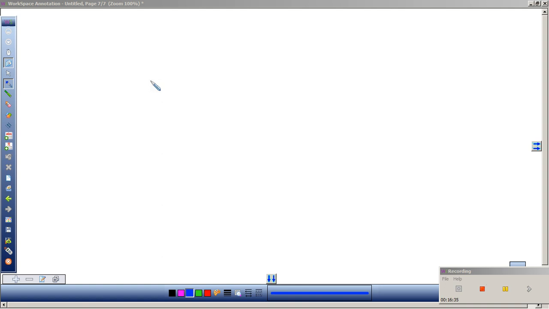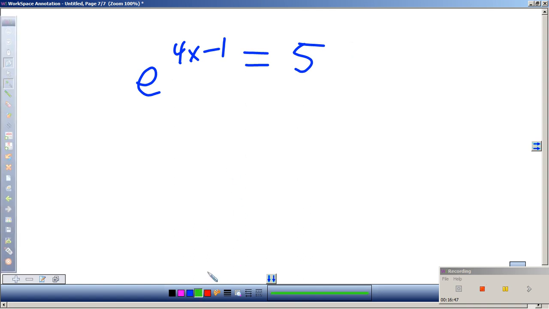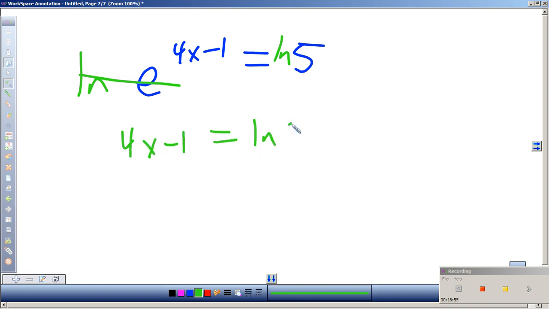I have another question, like e raised to 4x minus 1 equals 5. How would you solve that? Okay, take ln on both sides. They cancel here, so you get 4x minus 1 equals ln 5. Then what?